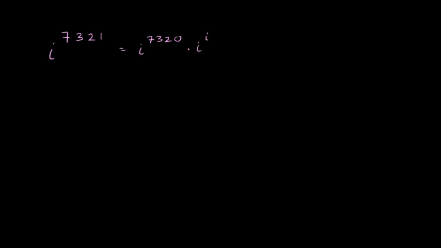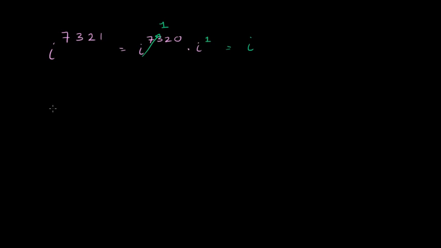This right here is a multiple of 4, and I know that because any 1,000 is a multiple of 4, any 100 is a multiple of 4, and then 20 is a multiple of 4. So this part right over here will simplify to 1. 7,321 is 7,320 plus 1, and we're just going to be left with i to the 1st power, or just i.